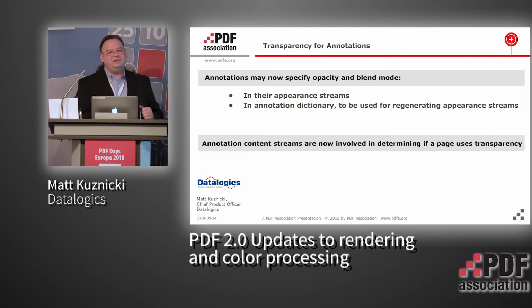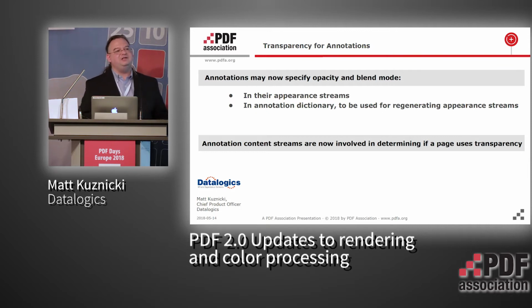Another important addition to rendering for PDF 2.0 is that annotations may now specify transparency, or to be more technically precise, annotations may now specify an opacity value. So they may be more than just fully opaque. This can be specified in an annotation's appearance stream. This is now legal.